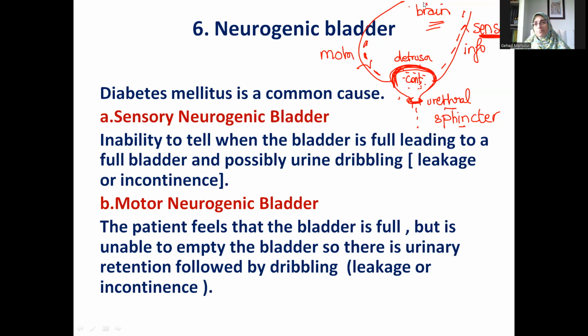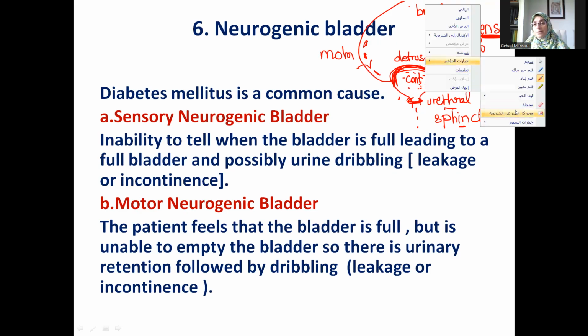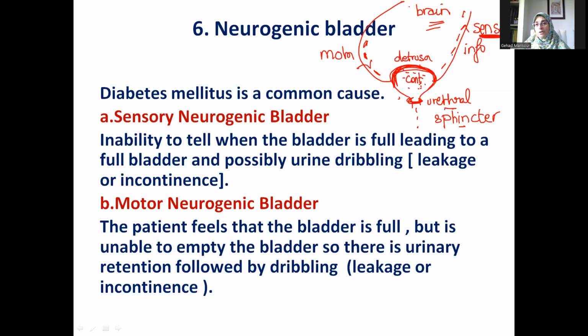Sometimes, and mainly due to diabetes, you might find that either the sensory nerve is not working or the motor nerve is not working. If the sensory nerve is not working, this is called the sensory neurogenic bladder. In such a case, the patient will not feel the sensation that the urinary bladder is full.